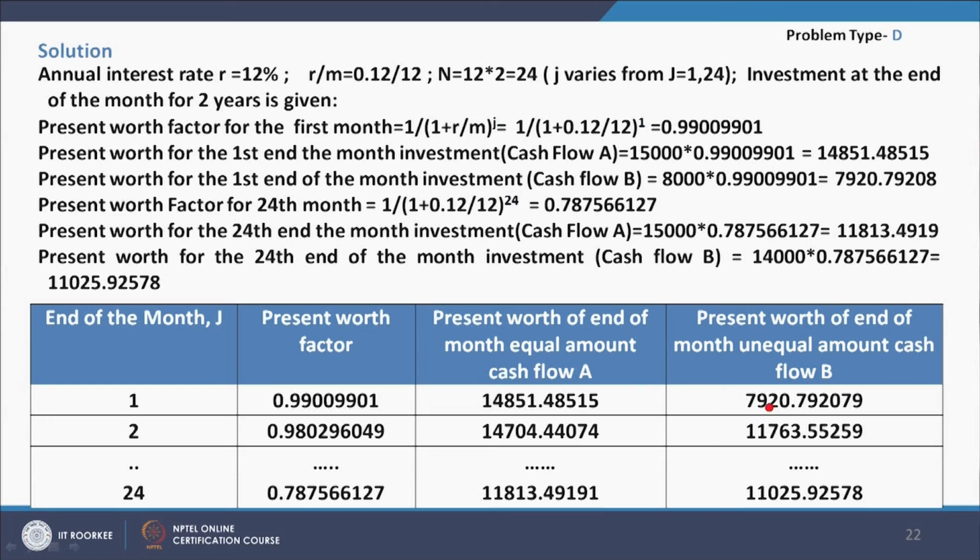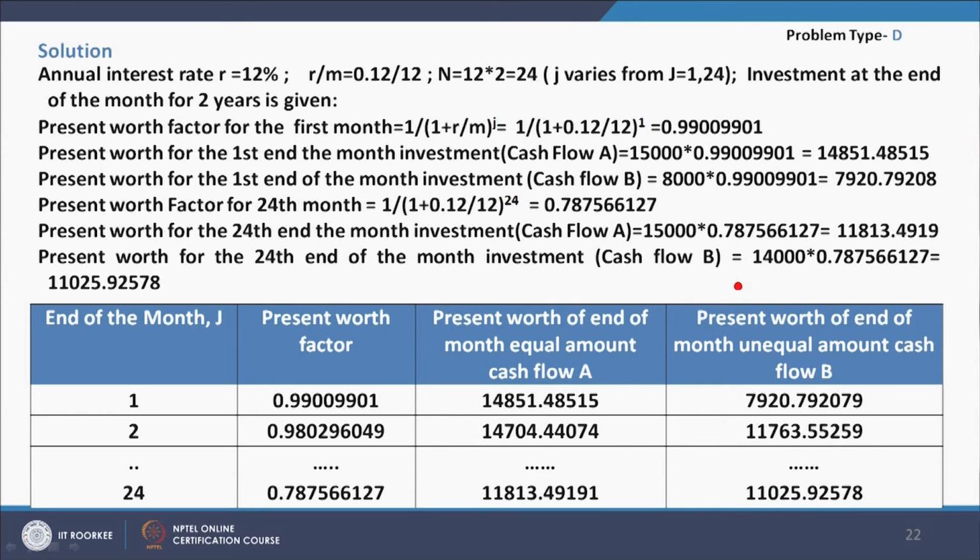This is written here. Now, for 24 months we can see here the factor is 0.7875666127, and the present worth of cash flow A is this, and the present worth of cash flow B is this.